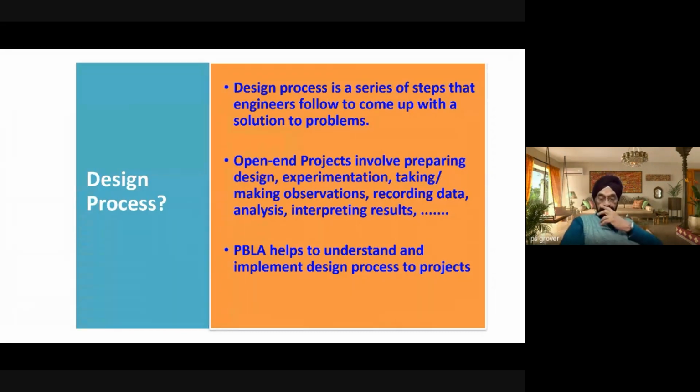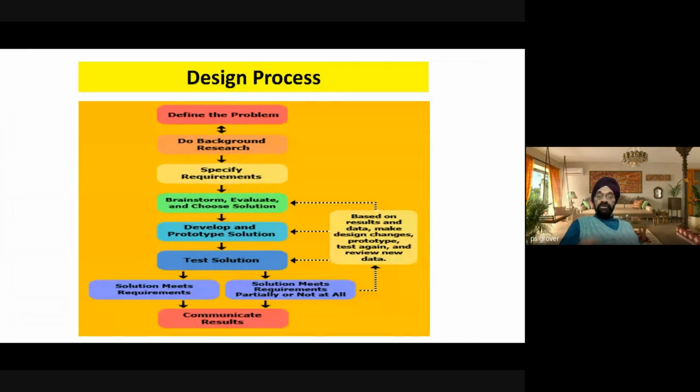Understand design process. See, in the design process, we have many things: defining the problem, understanding the problem, reviewing what work is already done, then specifying what kind of outcome I want, then discussing it with colleagues, then choosing the right solution, then developing the prototype, then testing the prototype, then assuring whether the solution meets the requirements or not, and then communicating results.